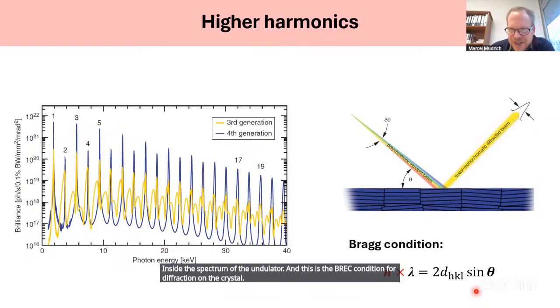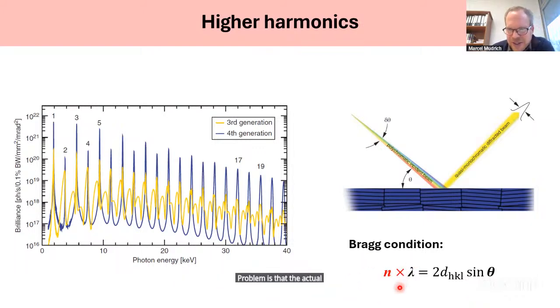Problem is that the actual Bragg condition is that multiples of the wavelength have to fulfill this 2d. d is the lattice constant, the separation between crystal lattice planes that are labeled by hkl, the Miller indices of the different lattice planes.